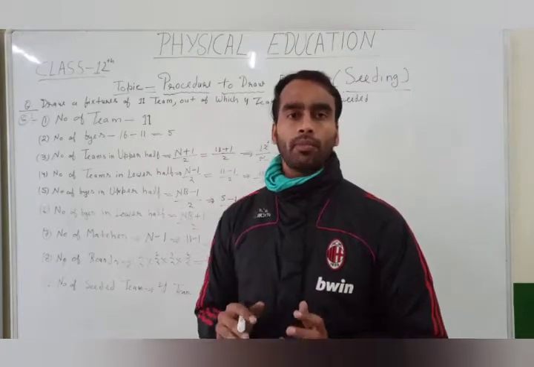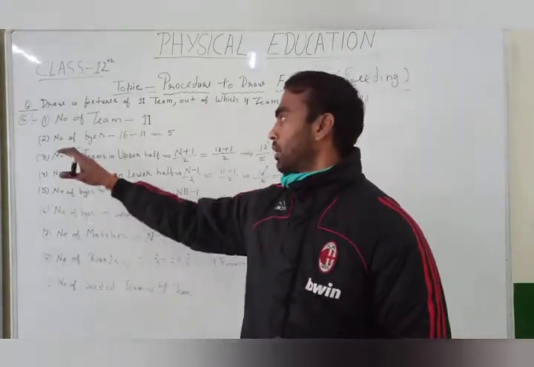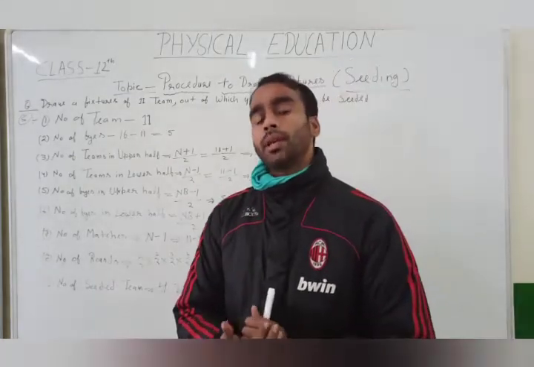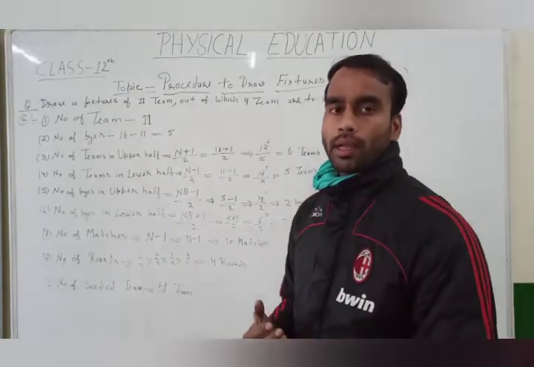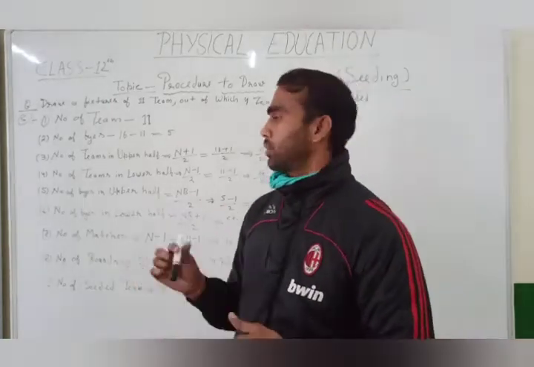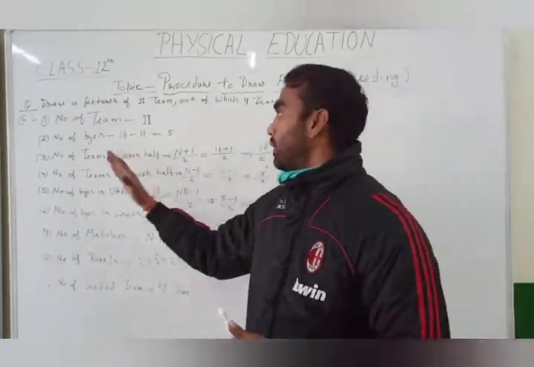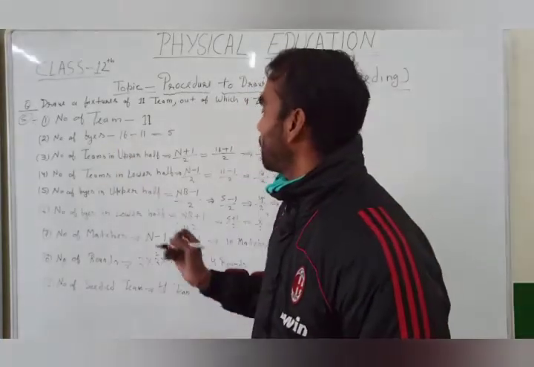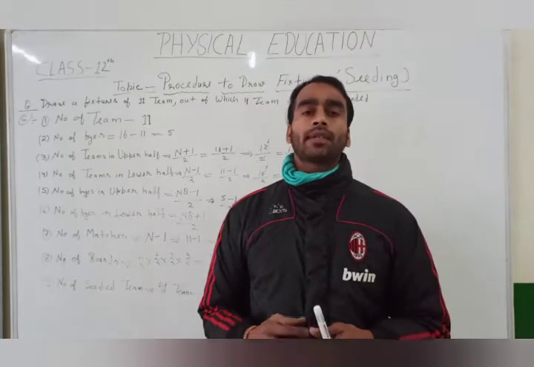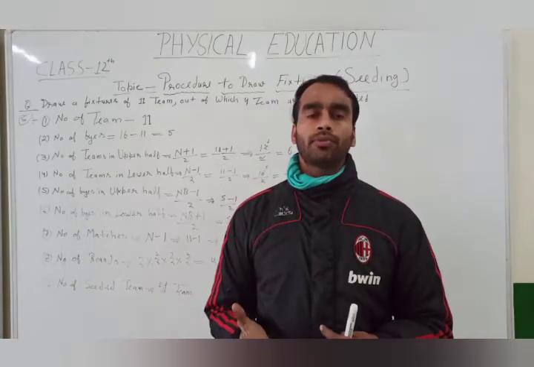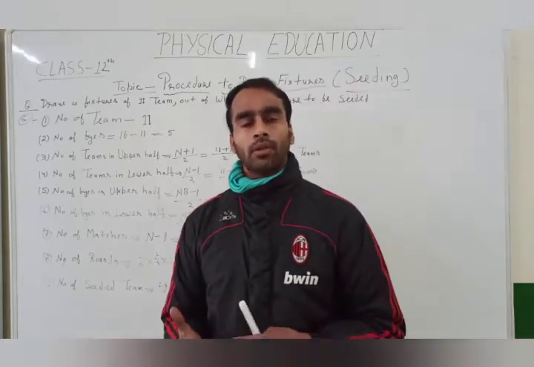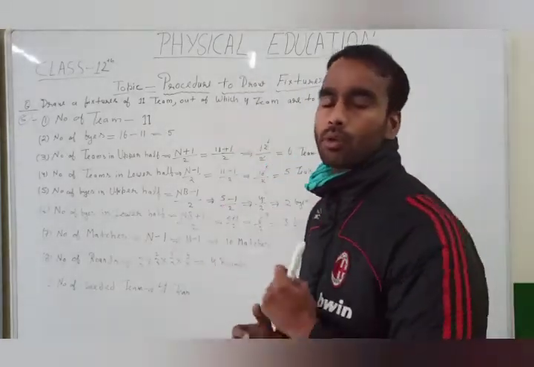Now the second step is the number of byes. Okay class, basically we know how to give a bye, and how do you calculate the byes? In these 11 teams, basically we know the next largest number that is a power of 2, minus the total number of teams, is the formula giving the byes.